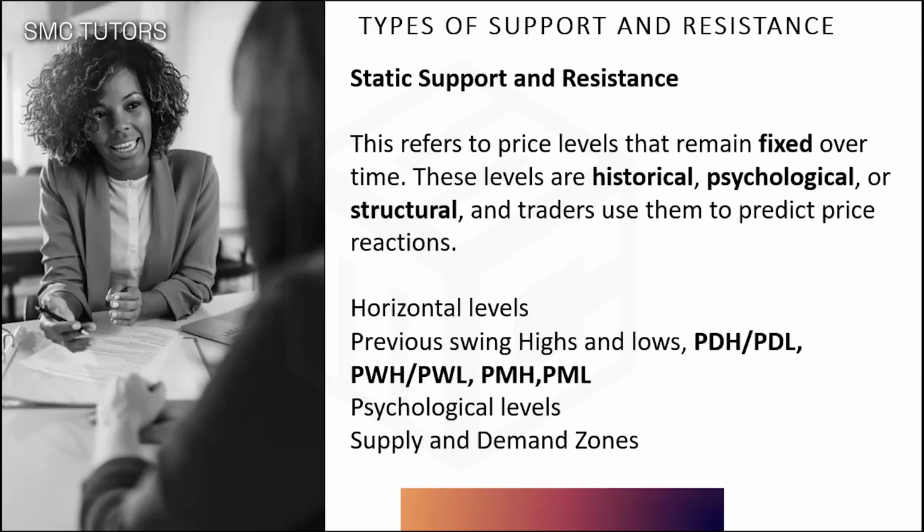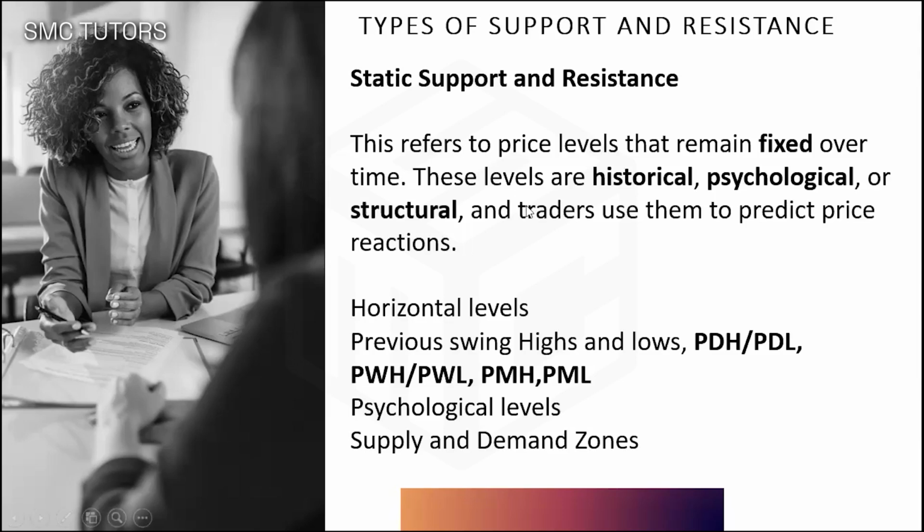Price tends to respect these levels and they act as self-fulfilling prophecy when price gets to those levels. So they don't move as price moves. Price either moves away from it and comes back to it and uses it as a support and resistance level, or price drives above or below it, breaks it and uses it as a flip zone.